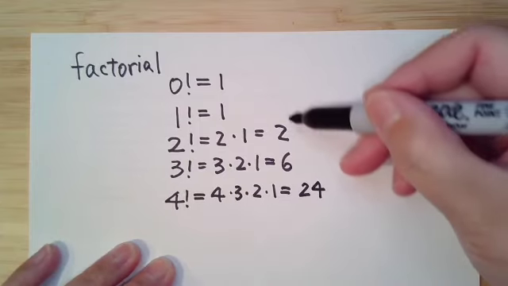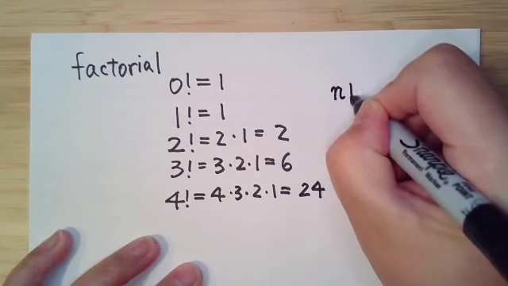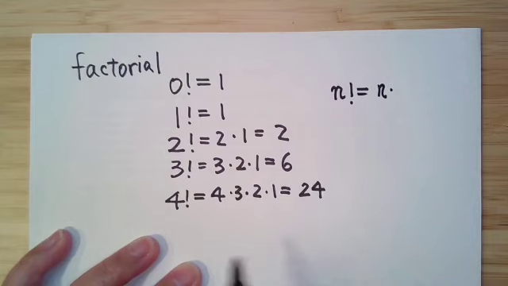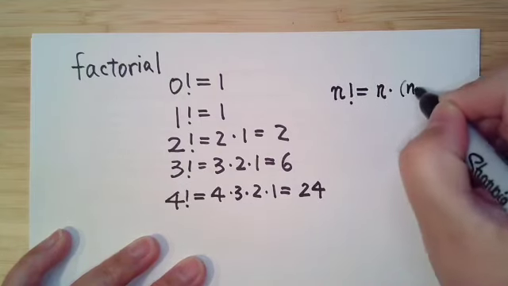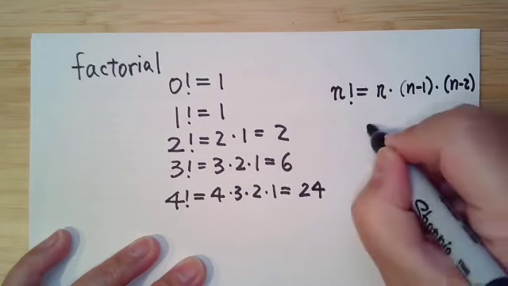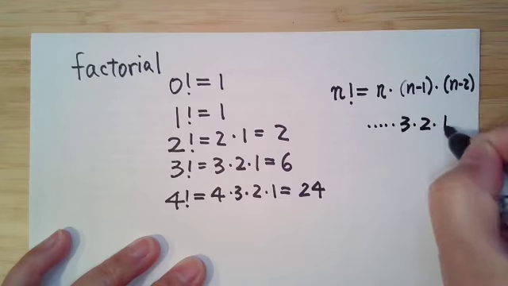Now, you see this pattern? So if I ask you, what is n factorial? That will be n times 1 less than that, which is n minus 1, again times n minus 2, times, all the way till you get a 3 and a 2 and a 1, you stop at 1.